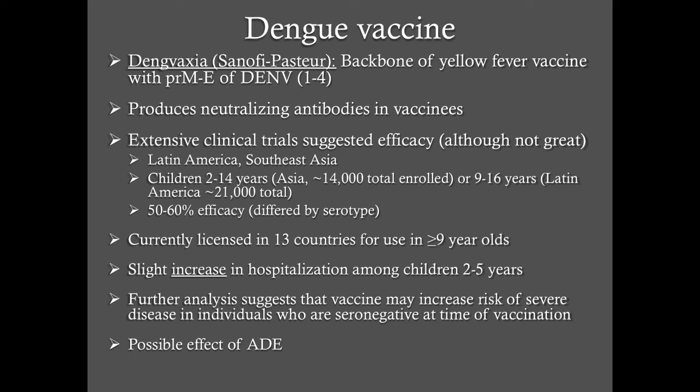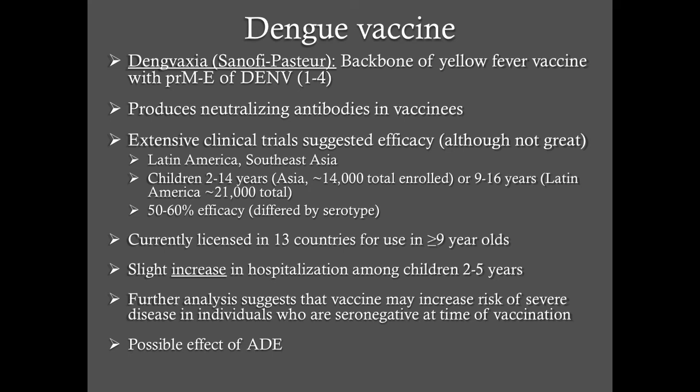So it was okay, 50 to 60% efficacy. Maybe not as good as you would hope, but it definitely worked. This number is general for all serotypes of dengue. It's actually better for most of them, and for dengue 2, for some reason, it didn't work particularly well, so that brings the number down to 50 to 60%.